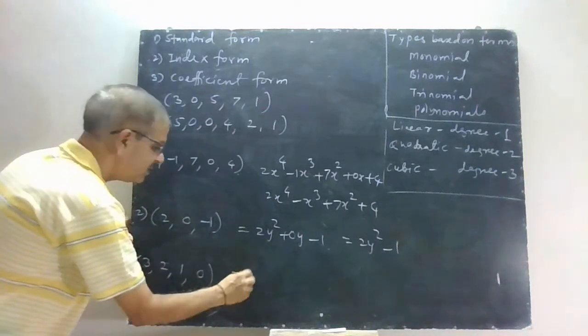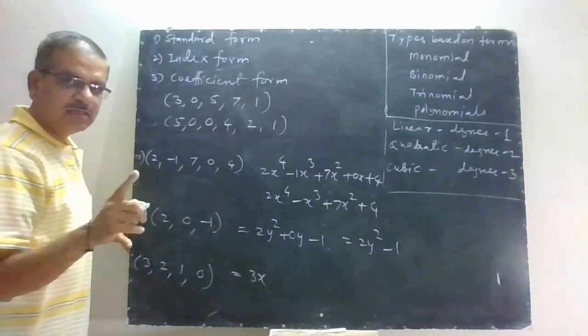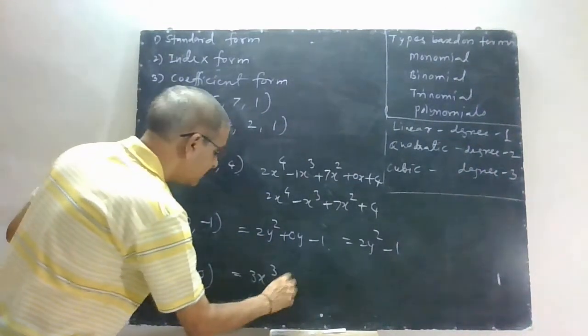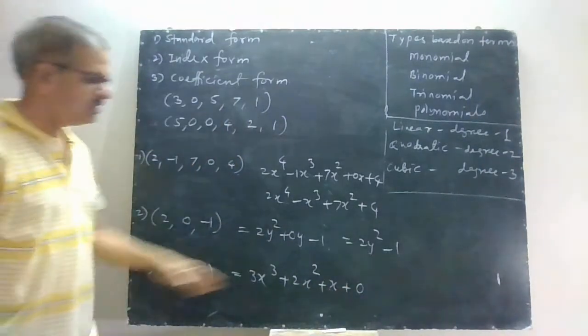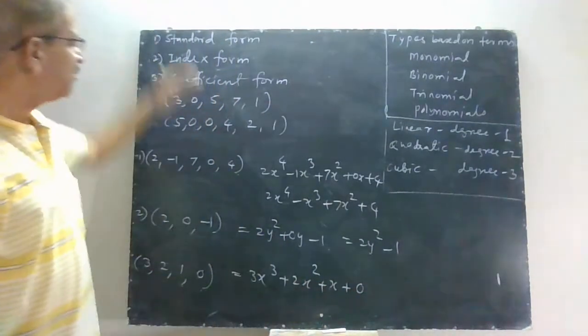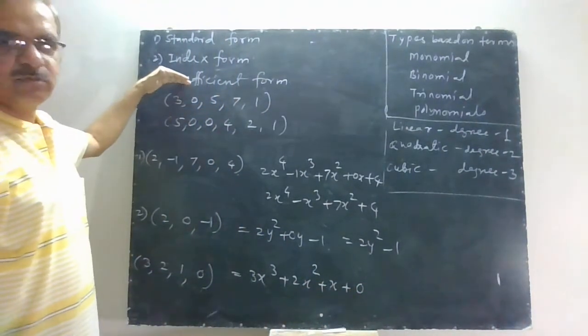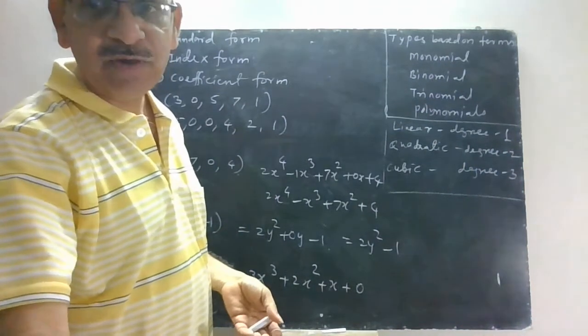So suppose you take x, 4 coefficients means its degree is 3. So 3x cube plus 2x square plus x plus 0. If you skip this 0, it becomes 3x cube plus 2x square plus x. So if any form of the polynomial is given, you can write down the remaining 2 forms of the polynomial.